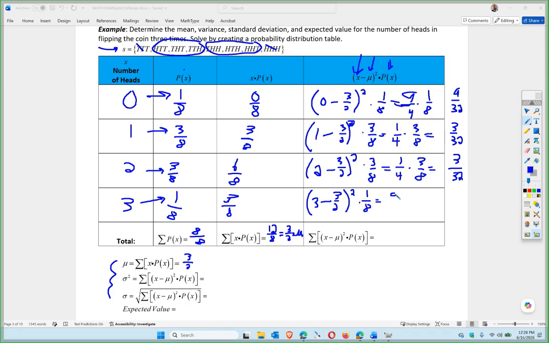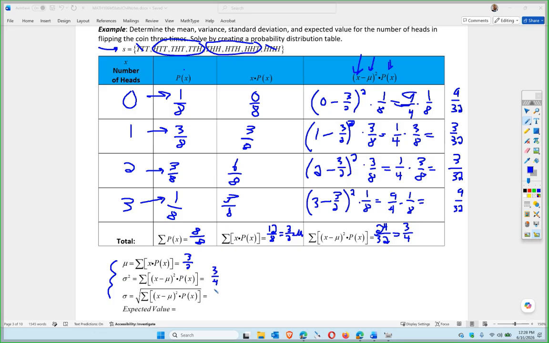Square that, I get 9 fourths, so that's 9 thirty-seconds. So 9 and 3, 9 and 3, that's 12 and 12, so that's 24 thirty-seconds. You simplify that, you get 3/4.